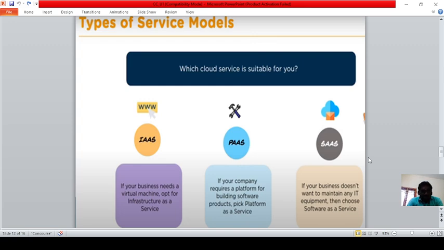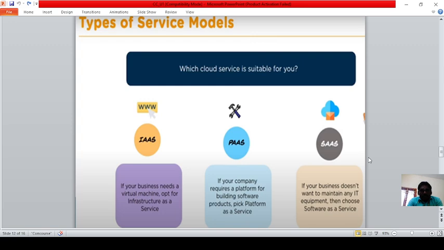That is a virtual machine. With the help of a virtual machine, we can access additional services from the cloud providers. That is infrastructure as a service. Infrastructure means we need additional hardware components, that is a virtual machine, which will be provided by the cloud provider. Based on pay as you go pricing, we can access this virtual machine from the cloud providers. Okay. So another one, platform as a service.